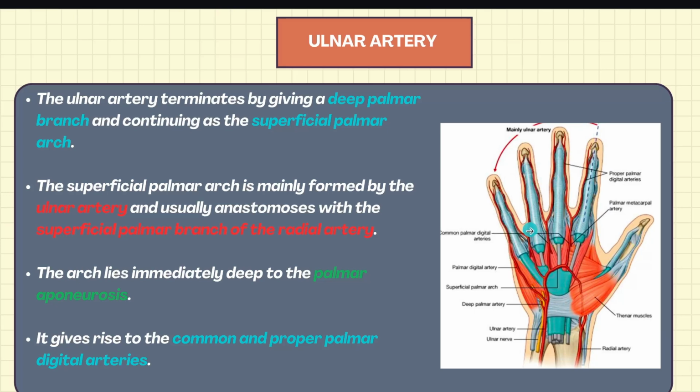You're going to have here the common palmar digital arteries, and then these common palmar digital arteries are going to give off the proper palmar digital arteries, and these arteries lie immediately deep to the palmar aponeurosis. This arch is going to lie more superficial, not deeper, and is going to lie immediately deep to the palmar aponeurosis, the deep fascia.